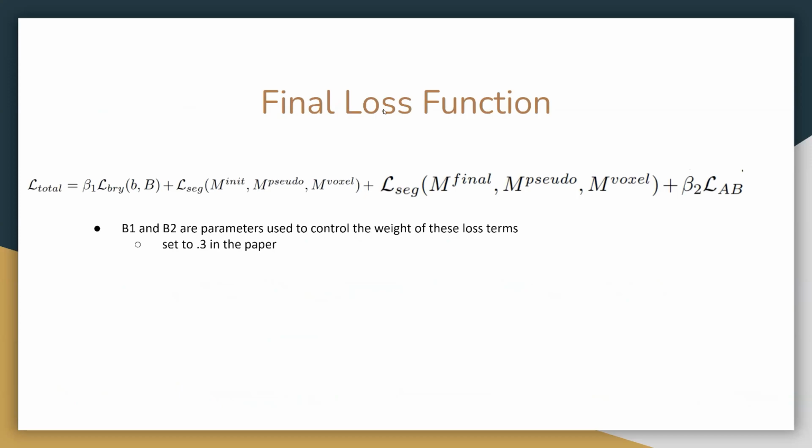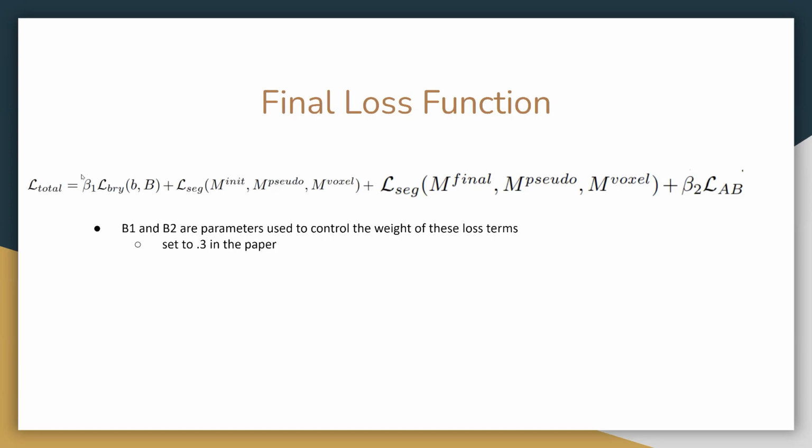So with all those modules accounted for, the final loss function, to put it all on one screen, is this boundary loss weighted by some hyperparameter, plus the segmentation loss of the initial mask, plus the segmentation loss of the final mask, plus the active boundary loss weighted by some hyperparam.